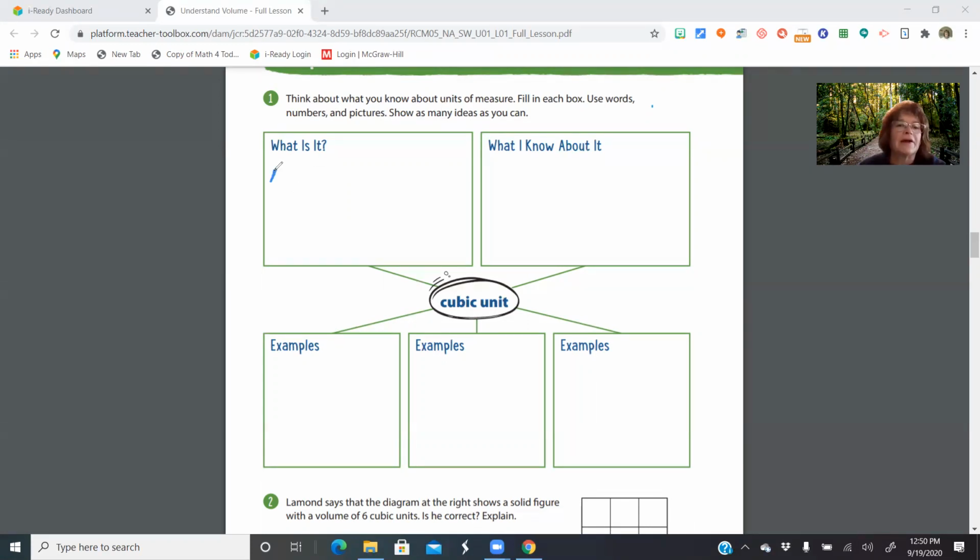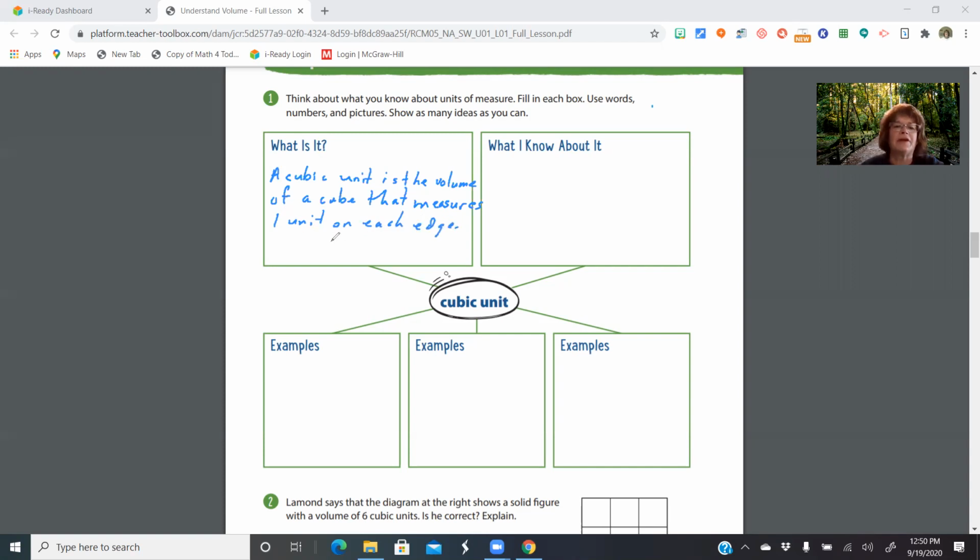So we can write, I like complete sentences, a cubic unit is the volume of a cube that measures 1 unit on each edge.